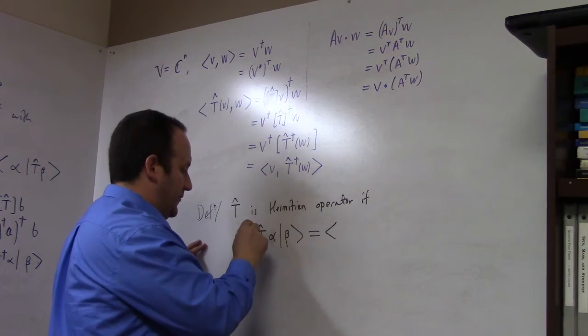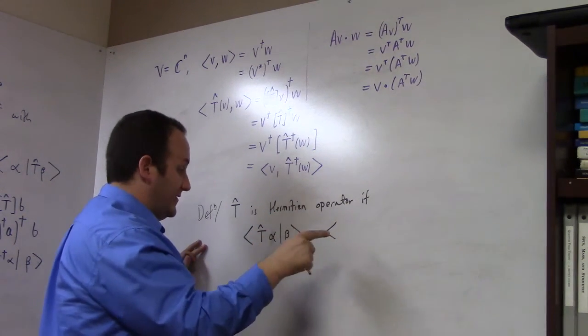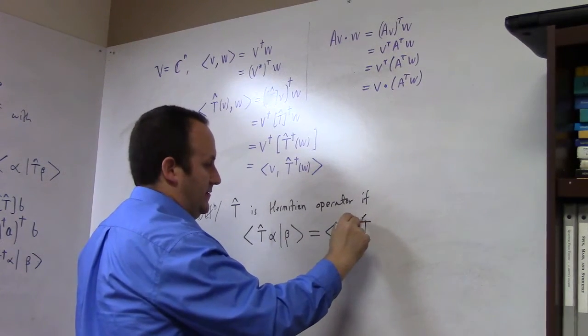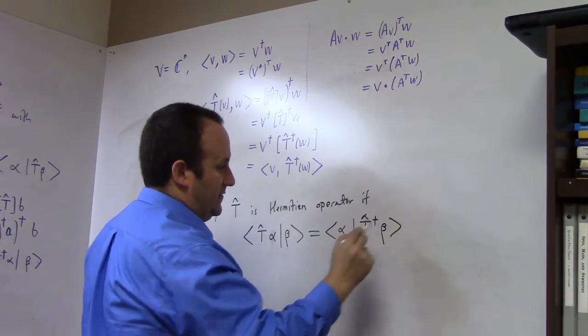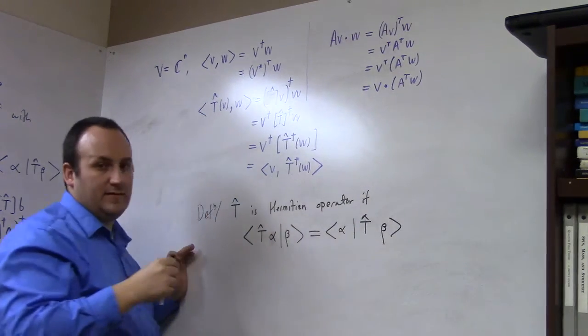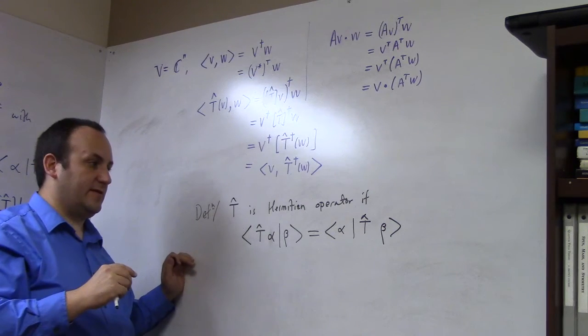My notes could be wrong, I wrote them 4 years ago, under who knows what circumstances. So this is alpha T conjugate transpose beta. If I just erase that and put a T there, that defines a special kind of operator, a so-called Hermitian operator.